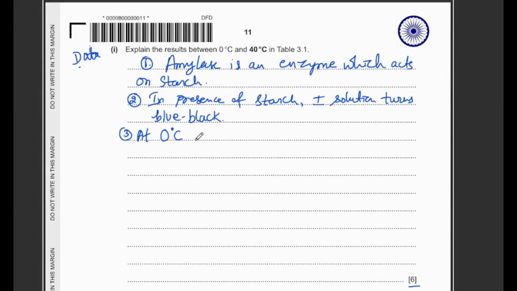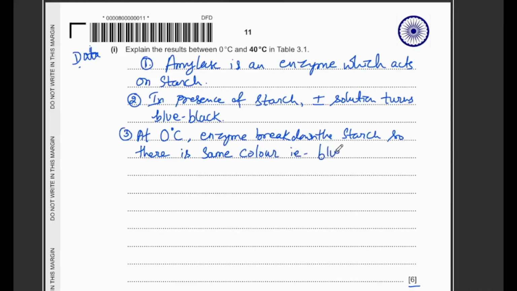So at 0 degrees Celsius, the enzyme has not broken down the starch, so there is the same color, that is blue-black. Okay, so basically the starch is still present, and that's why you have the reaction there, blue-black color here.